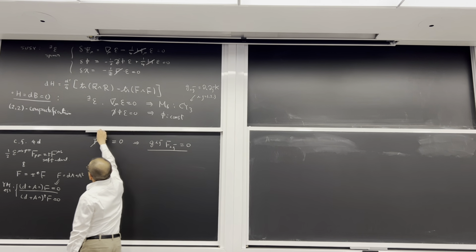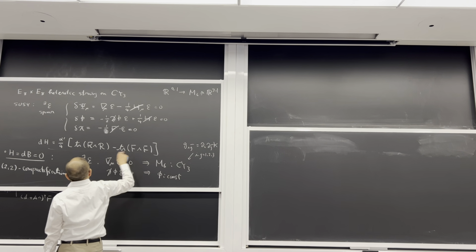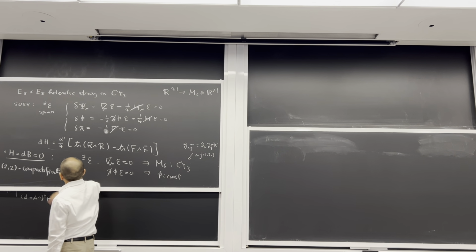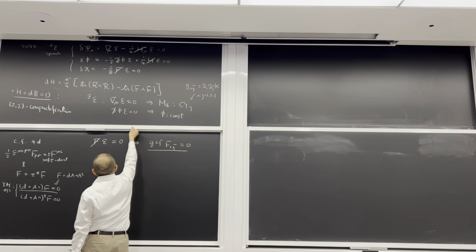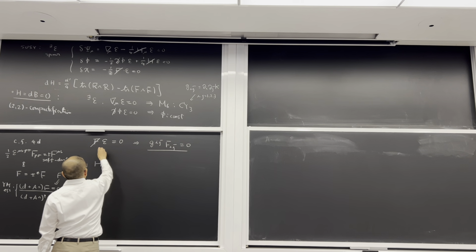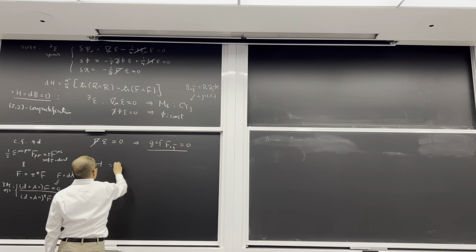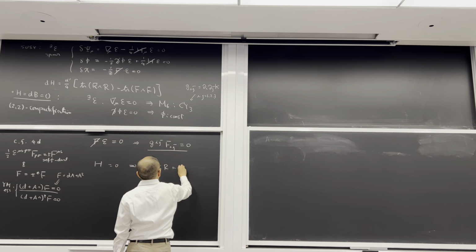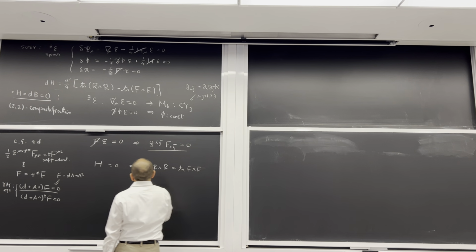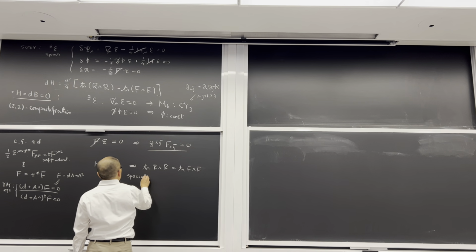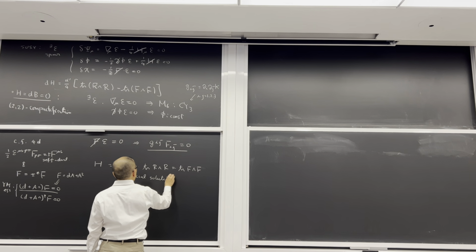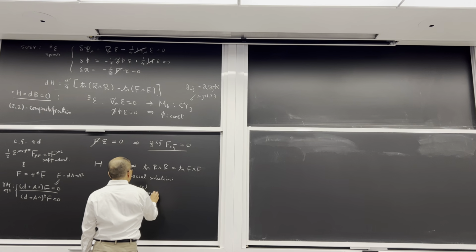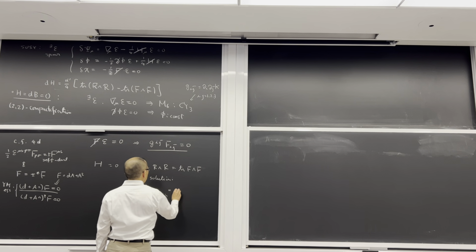Now, there is one more condition, which is the equation of motion and Bianchi identity for H. I should have said, if H is set equal to 0, then it also implies that the trace of R wedge R is equal to the trace of F wedge F. So a special solution corresponds to the choice that omega, the spin connection, is equal to A, the gauge field.